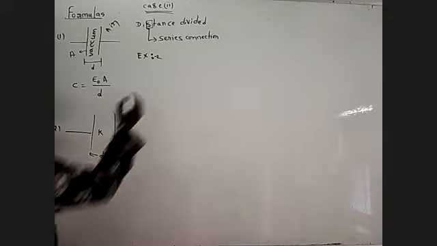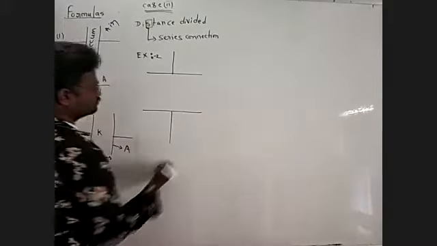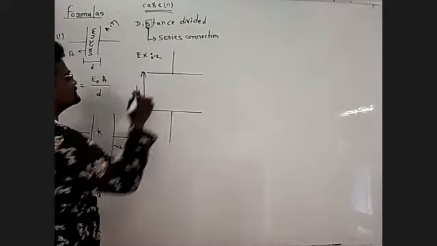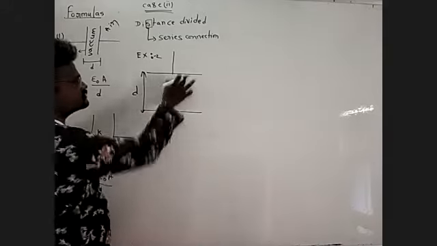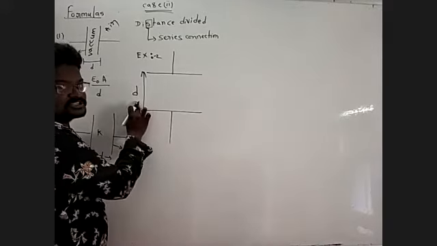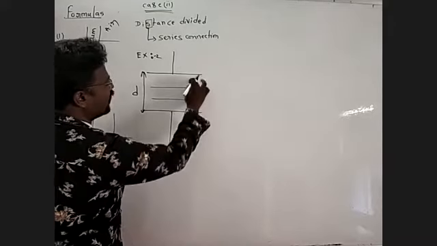In this example, this is a parallel plate capacitor. The total distance between the two plates is D. This can be divided into 3 parts: D by 3, D by 3, D by 3.